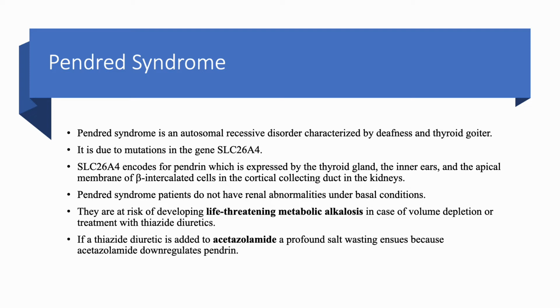If you use thiazide with acetazolamide, you're really adding fuel to the fire. You get profound chloride wasting because acetazolamide downregulates pendrin. So keep this in mind in case you get a test question: someone doing okay, all of a sudden they have some underlying deafness, maybe a goiter, then you give them a thiazide and things go downhill. So keep that in mind.